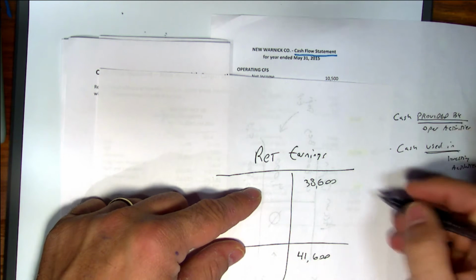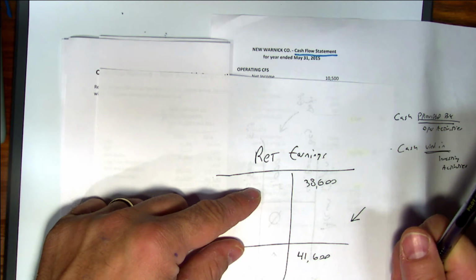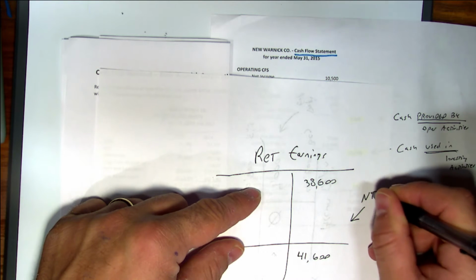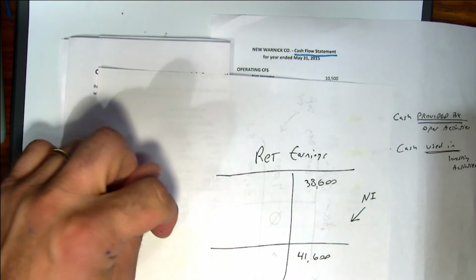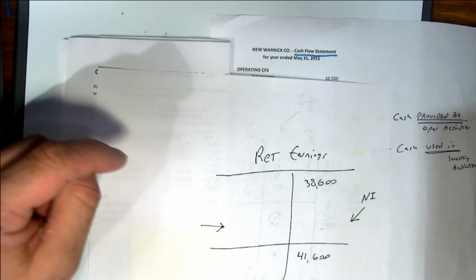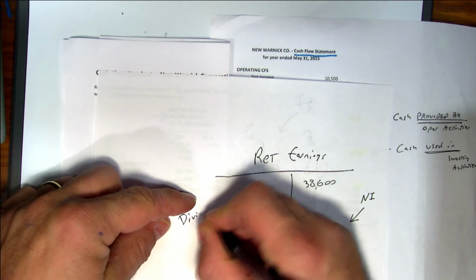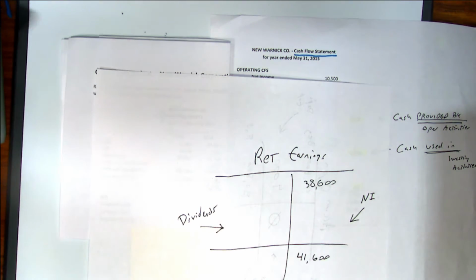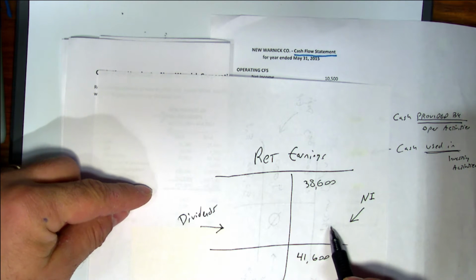When do we increase retained earnings? When net income is positive. Net income increases retained earnings. Now, if we had a net loss, it would decrease it. When do we decrease retained earnings? Dividends. Yes, not withdrawals. We don't call them withdrawals with a corporation. We call them dividends.